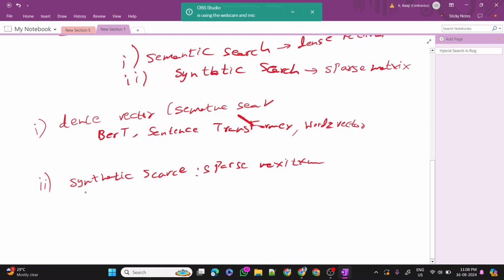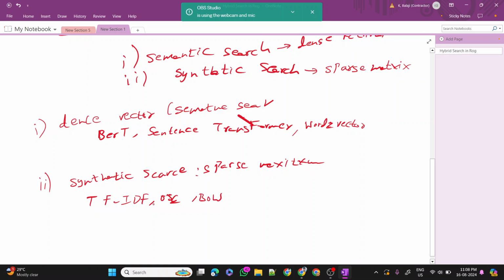Like we have some traditional techniques to retrieve information, as before word2vec, we use TF-IDF, and we also use one-hot encoding and bag of words.